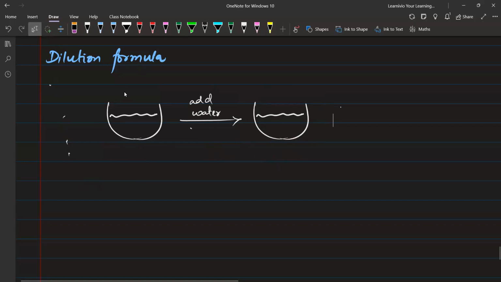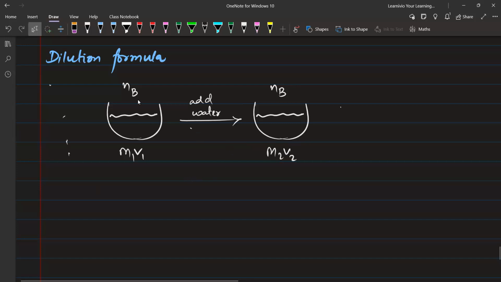So here, if I have number of moles, let us suppose is NB, here also it will be equal to NB. And let's suppose the molarity was M1 and V1 here. The molarity is M2 and V2 here.